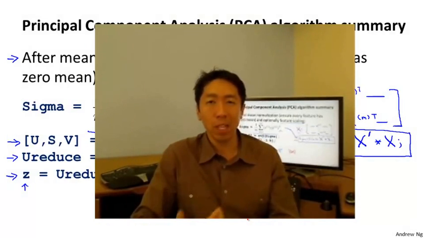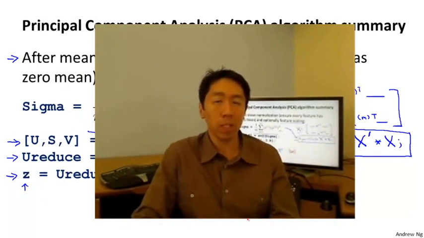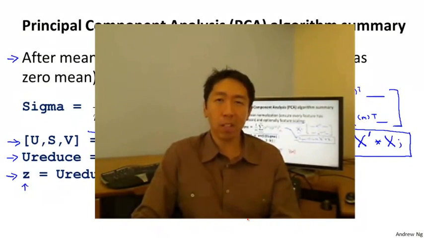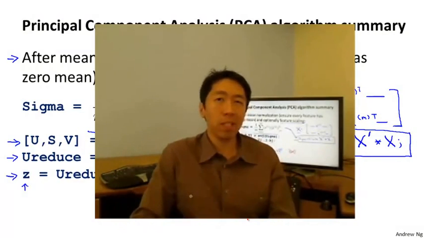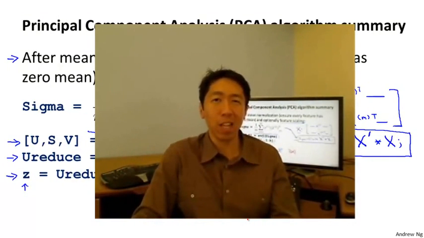I didn't prove that this actually achieves that, and the mathematical proof of that is beyond the scope of this course. But fortunately, the PCA algorithm can be implemented in not too many lines of Octave code, and if you just implement this, it will work well. And if you implement this algorithm, you get a very effective dimensionality reduction algorithm that does do the right thing of minimizing this squared projection error.